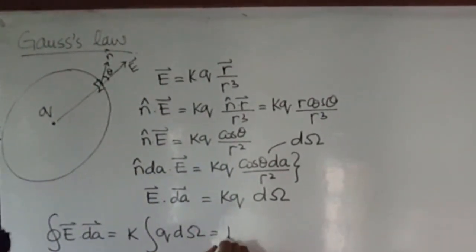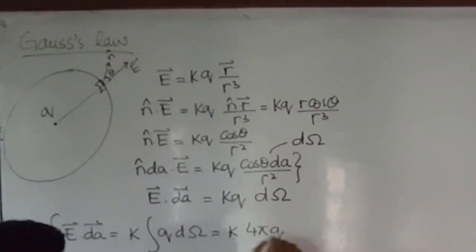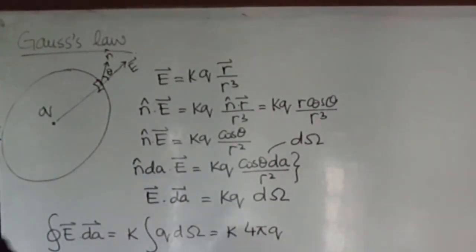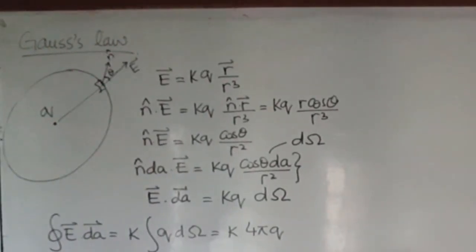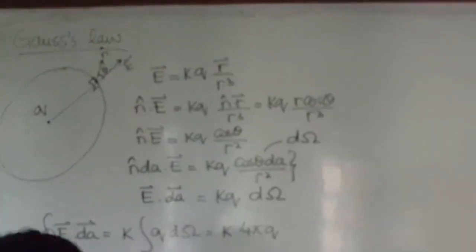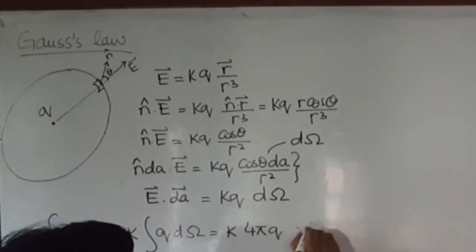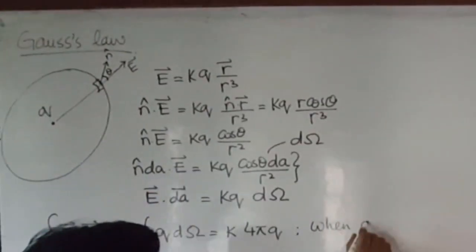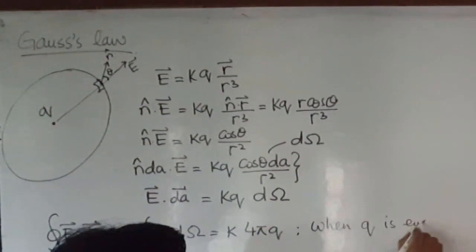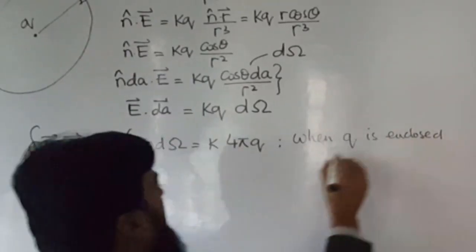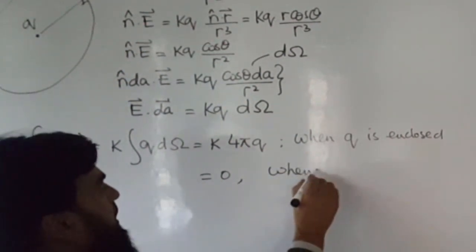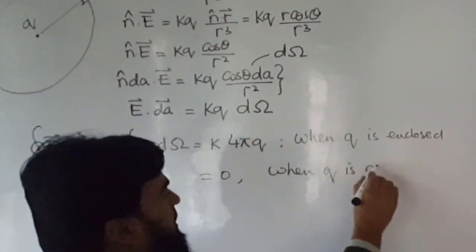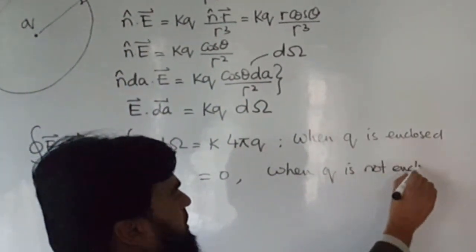And I know that this is K 4 pi Q, because d omega will integrate to omega, and omega is equal to 4 pi. So this is equal to this when Q is enclosed, and this is equal to 0 when Q is not enclosed.